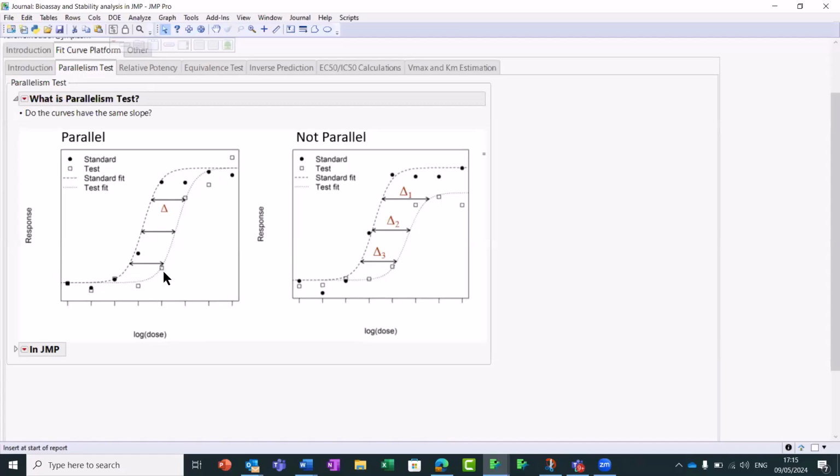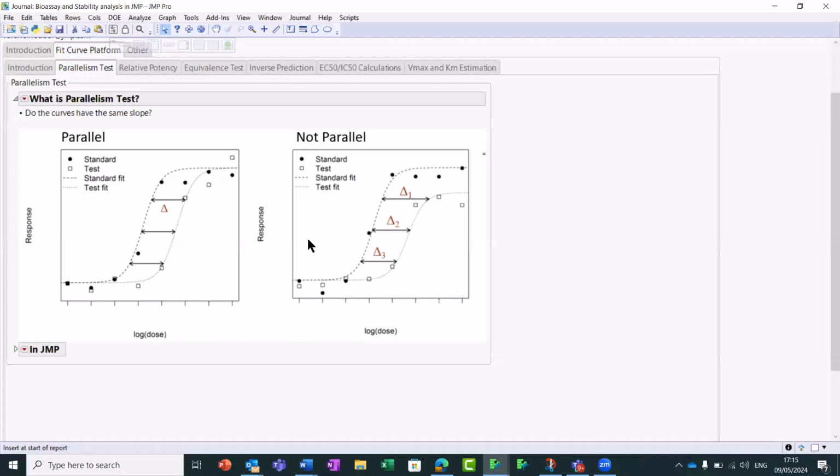That would mean that at every point the distance between the two curves is the same. If you extrapolate that on the log dose, the dosage would of course be different, but the difference between the two is always the same.